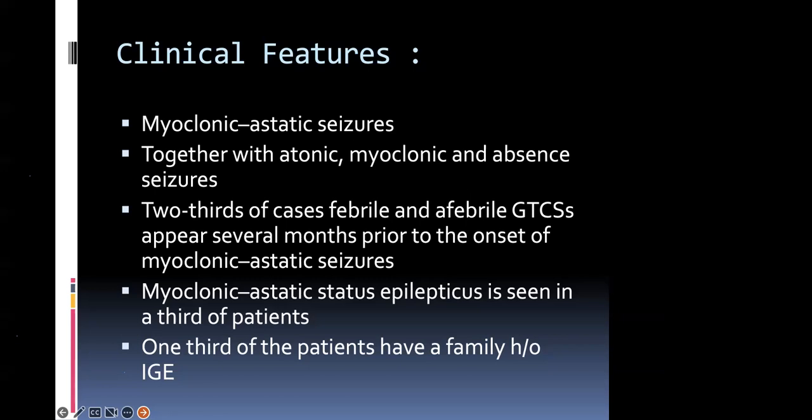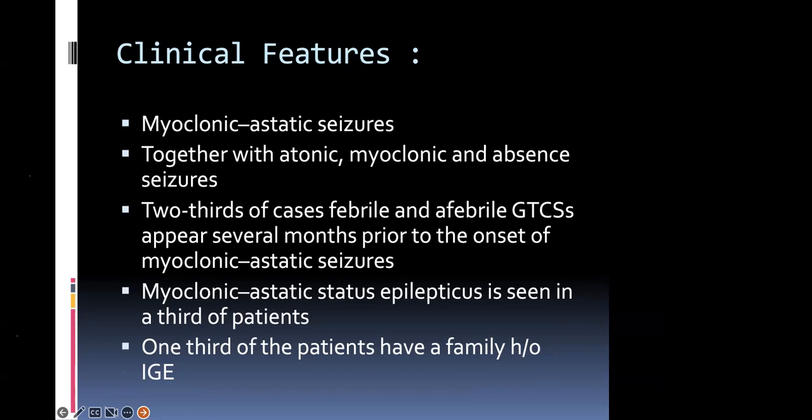Post-measles SSPE can also have drop attacks and myoclonic jerks. But here, based on the history, more than two-thirds of the patients have febrile and afebrile GTCS. Then subsequently they start having myoclonic seizures and drop attacks.